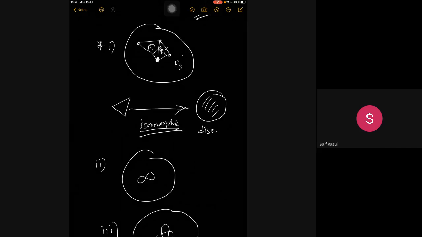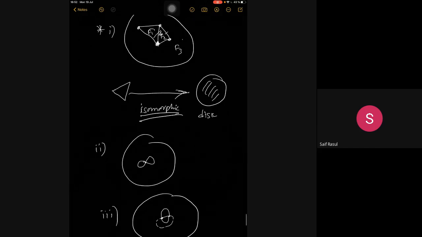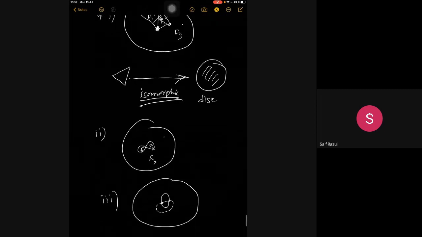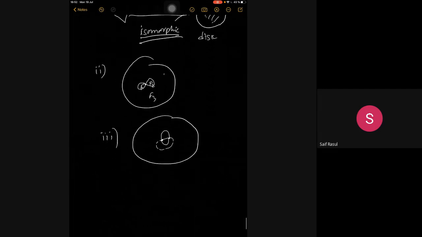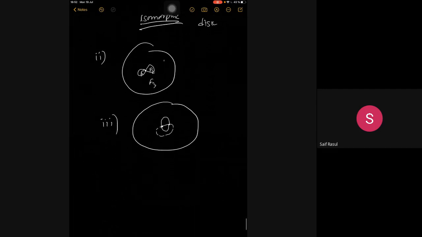So for example, in here, you'll again have 3 faces. You just colored them, and they are the faces. But here, if you try to color them, because there is an overlap, they aren't isomorphic to disks. I'll explain this more in the next class, but this is a good stopping point.